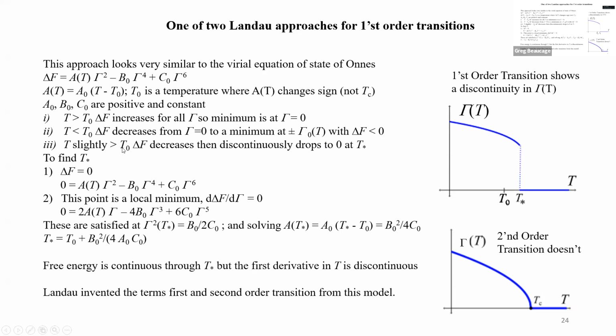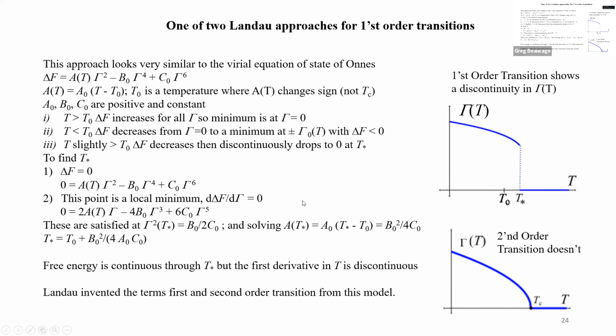But when T is slightly bigger than T naught, delta F discontinuously drops to 0 at some other T star. Because you have this other sixth order term, the slope of this thing has a step function.